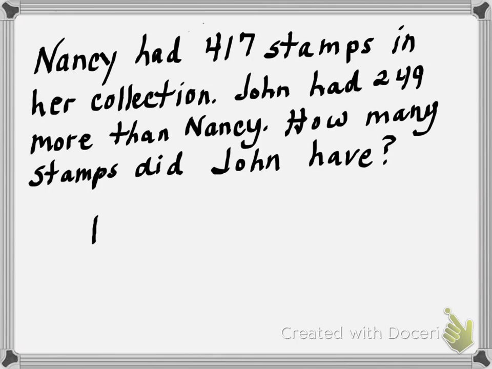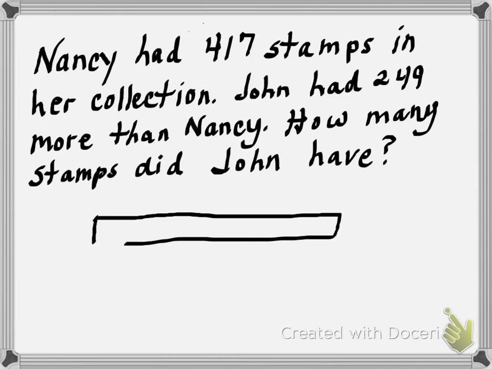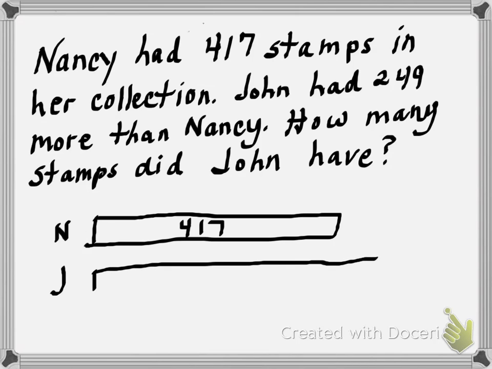We'll start this comparison bar model problem with our first bar, which is going to represent Nancy's stamps. We know Nancy has 417 stamps. Now, since John has more than Nancy, his bar is going to be bigger than Nancy's. John has 249 more.